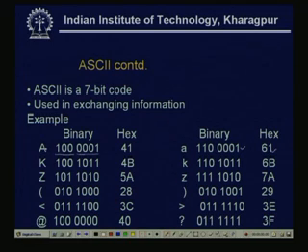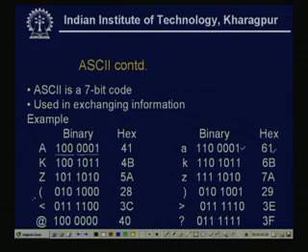Similarly, for A to Z I have given another 2-3 examples, capital K and capital J, showing how they are defined. As these are 7-bit ASCII, 2 to the power 7 means 128 characters and control characters together can be represented by these 7-bit binary values.